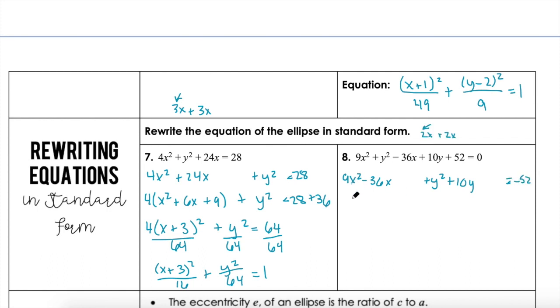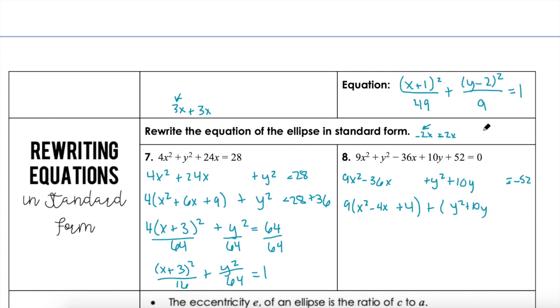We can go ahead and factor out a 9, which leaves us x squared minus 4x. To complete our square, we know that this came from doing minus 2x plus negative 2x. So that means we had a minus 2, which got squared, which would have been plus 4 here. Our y already has a coefficient of 1, so we're going to say plus y squared plus 10y.